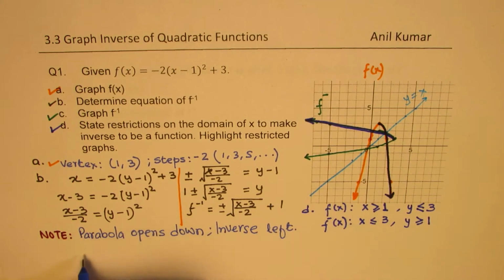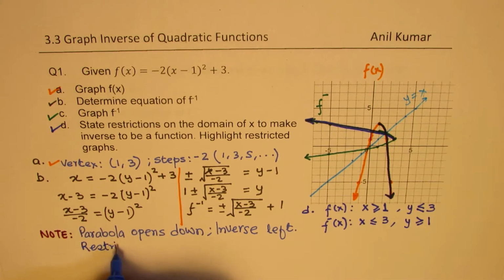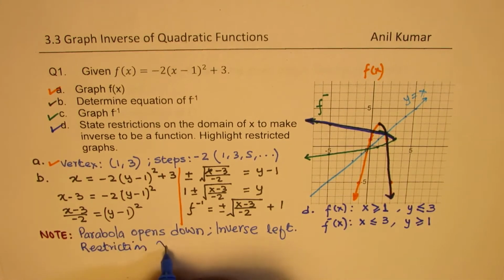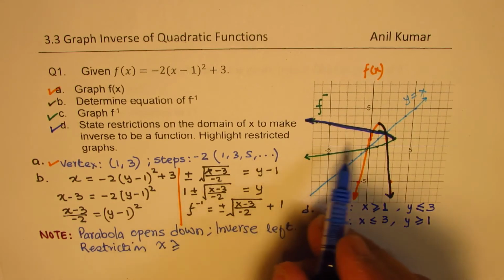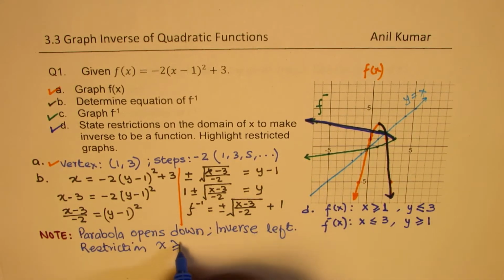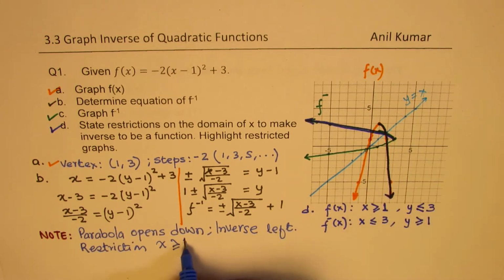Now, if the restriction is on the right side, if the restriction is x greater than or equal to the vertex value, let's say in this case we took this as 1, right?